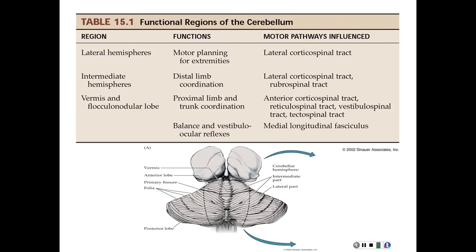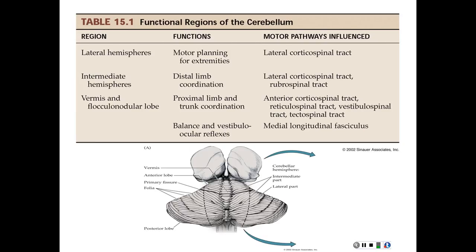Now, what's kind of interesting is the fact that this lateral hemisphere, this lateral part, which looks like the biggest part of the cerebellum, is actually more about the planning. And it's pretty clear in humans and in lots of animal studies like cats that you can remove this bit of tissue and people are pretty okay. So it's kind of interesting.